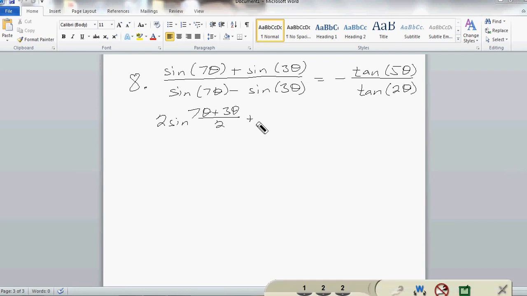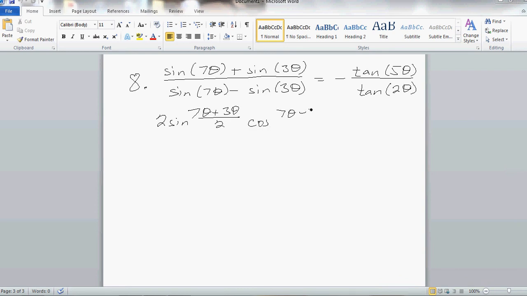It's immediately times cosine of the angles being subtracted, all over the sine minus sine is 2 times the sine of the angles being subtracted, cosine of the angles being added.